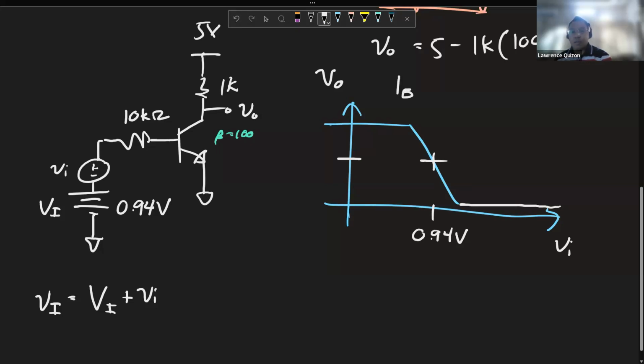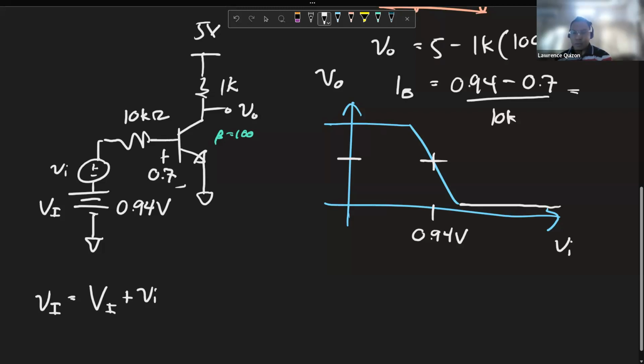And then IB is equal to 0.94 minus 0.7 over 10K. Which puts it at around 24.